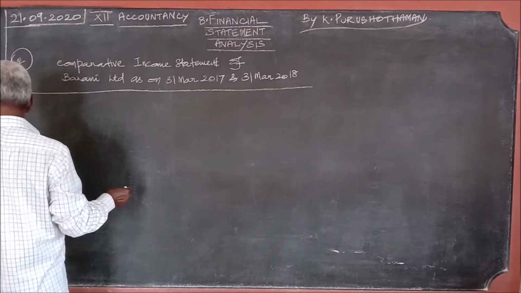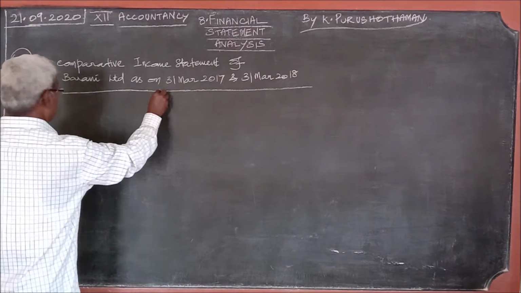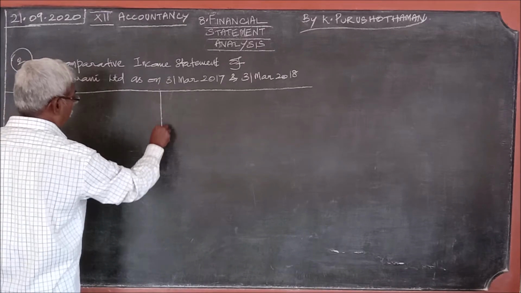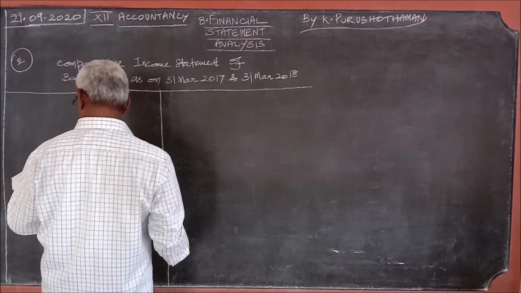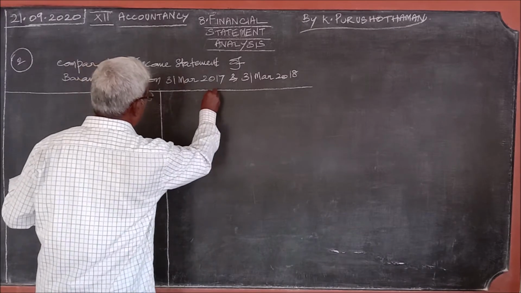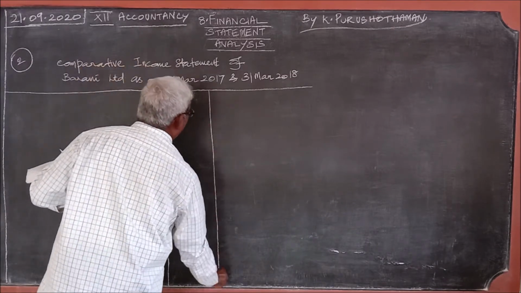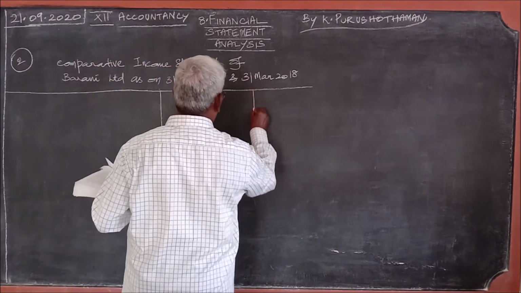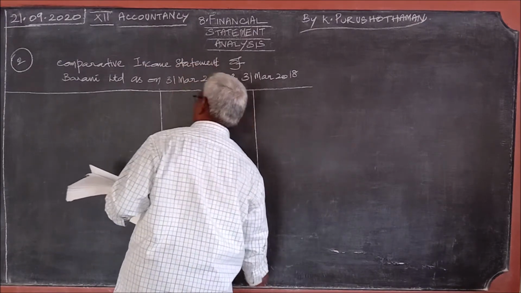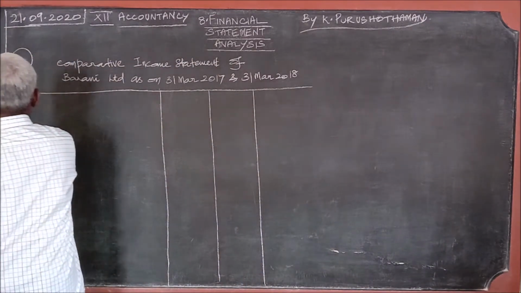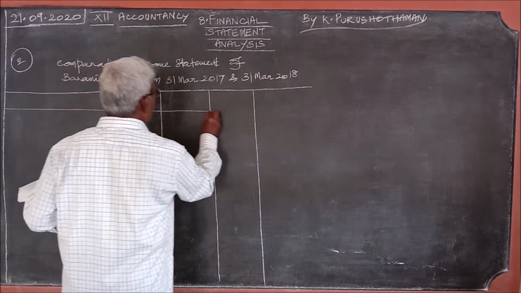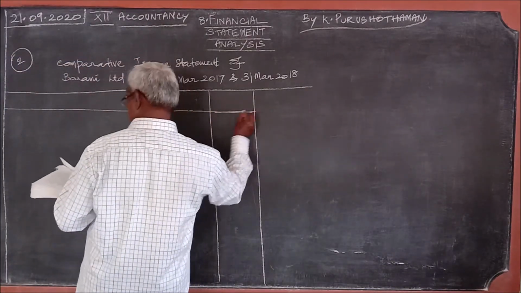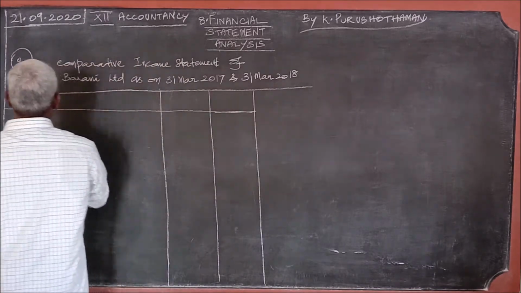Particulars. Then the next column also for year. So we can write like this. That is given in the problem itself, we can write it.